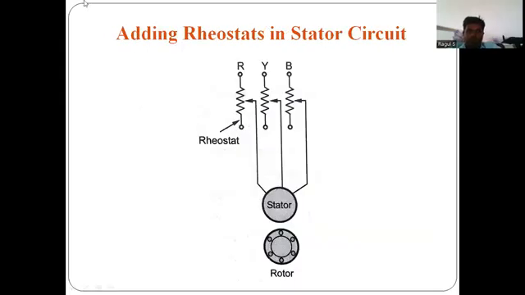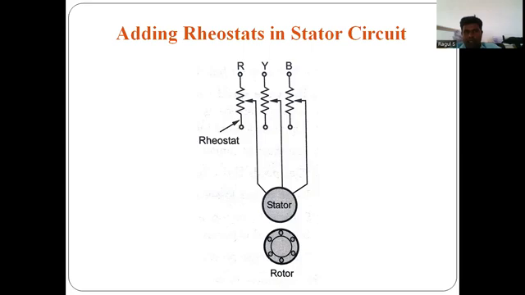And next is adding a rheostat in the stator circuit. It's like a three phase resistance starter, because the three phase supply is not connected directly to the stator winding but through the rheostat. Each phase has a separate rheostat.